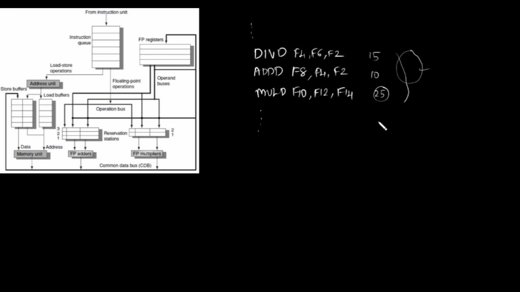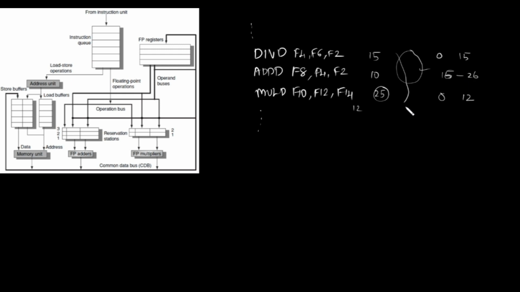Say in the 0th clock cycle, div is scheduled, and at the same time multiplication is also scheduled. Say our multiplication operation has to run for 12 clock cycles. It will complete at 12, while our division completes at 15, and our add will use that result from the division at the 16th clock cycle and run to completion at 26.